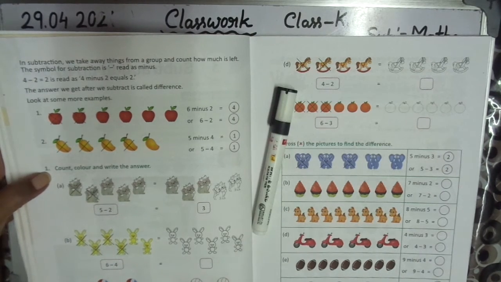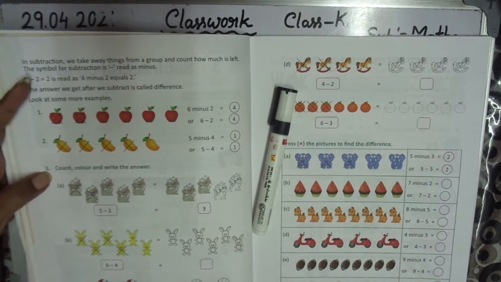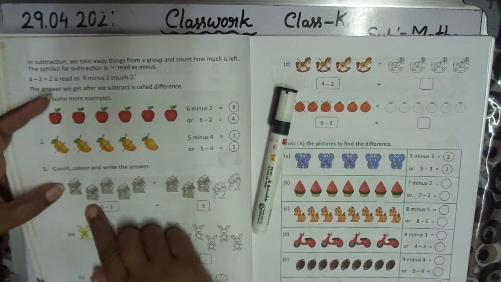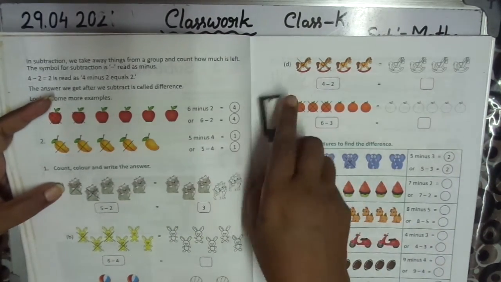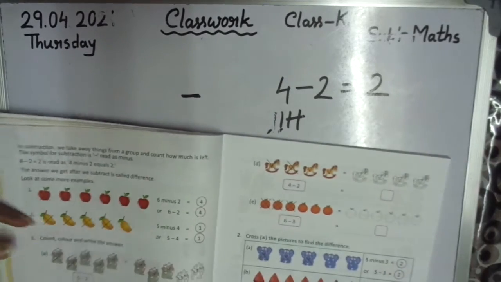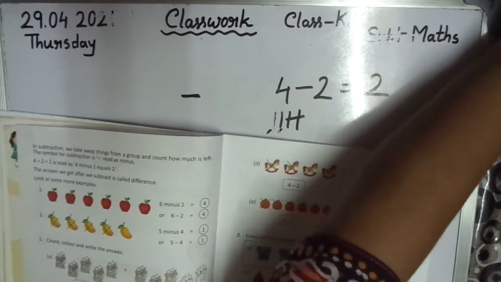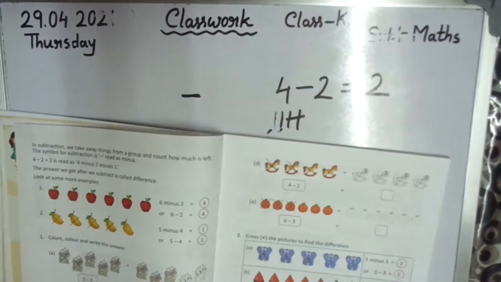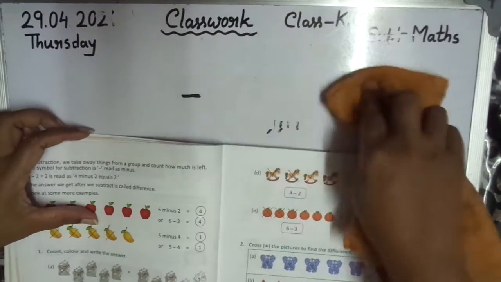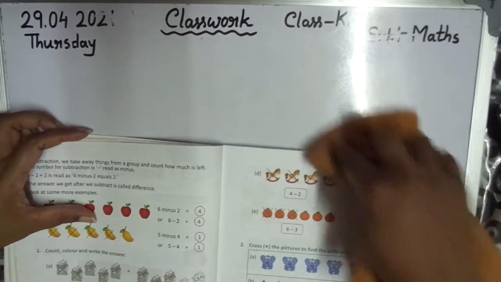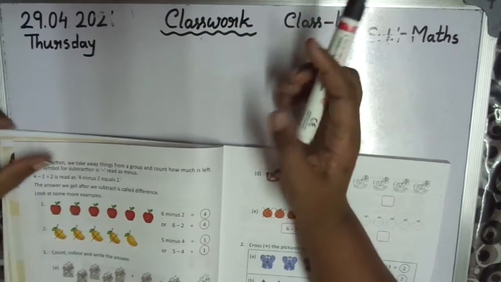See here, cats. 1, 2, 3, 4, 5. 5 cats. Children, everyone take out your homework copy, school homework copy.